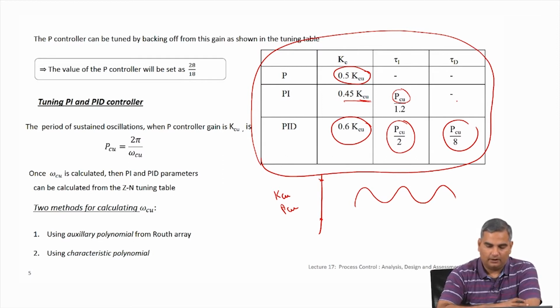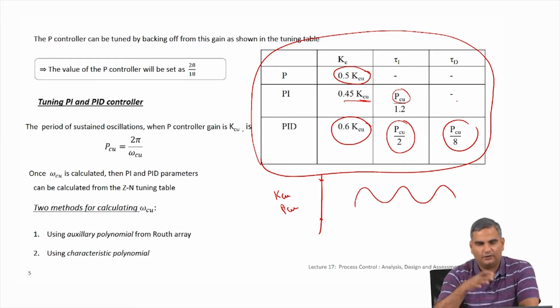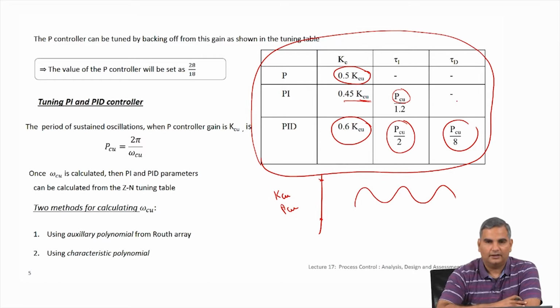There is another table called the Cohen-Coon table, which you can easily find, and as part of the assignments that we give in the course, we will also give you a Cohen-Coon table for you to look at and then tune the controller. There are tables based on IMC, internal model control structure, where you are going to build a model, look at parameters and simply compute these values for the tuning constants.